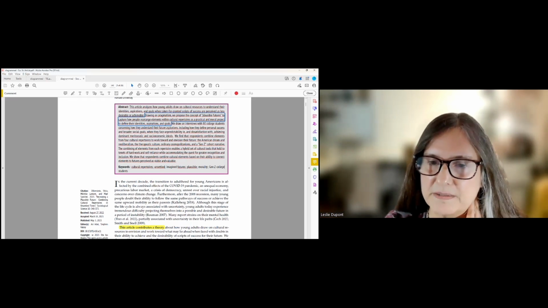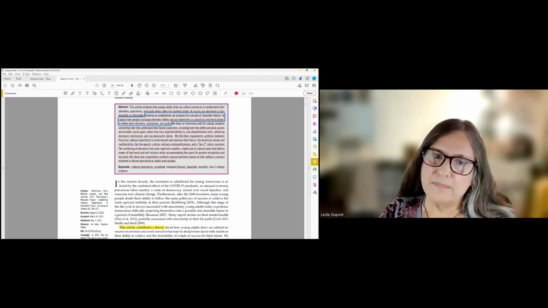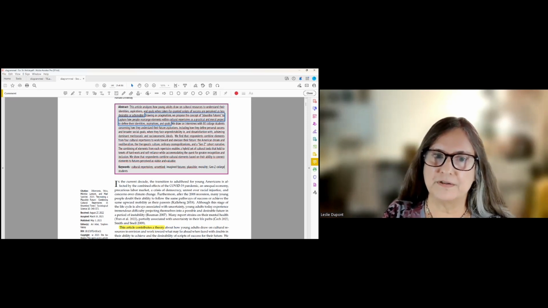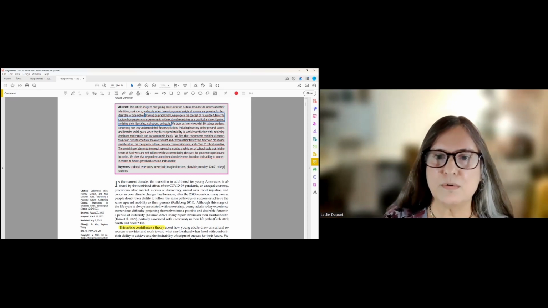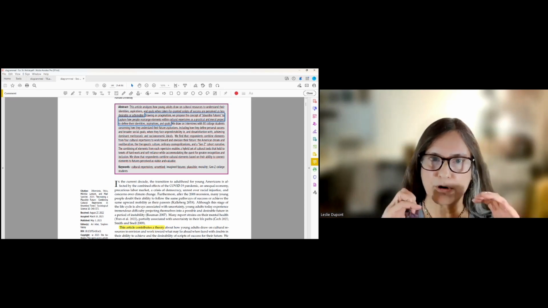Drawing on pragmatism, we propose the concept of plausible futures to capture how people rearrange elements within cultural repertoires as a practical and moral project to define their identities, aspirations, and goals.